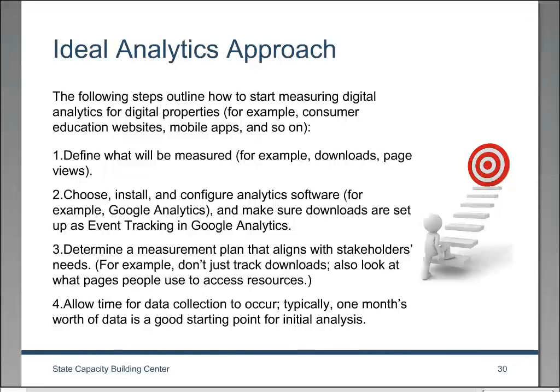When you define those things, you want to make sure you align a measurement plan that you're tracking. So you want to make sure that not only do I want to know how many downloads this report got, but that report may be on multiple pages, so you may want to show that by pages as well. Similar to what Josh was talking about in the beginning, when you look at your SEO audit, there may be hundreds of pages, but people go to the top 20, right?